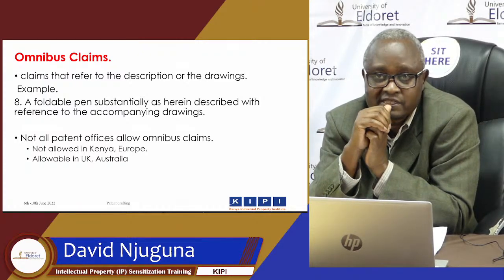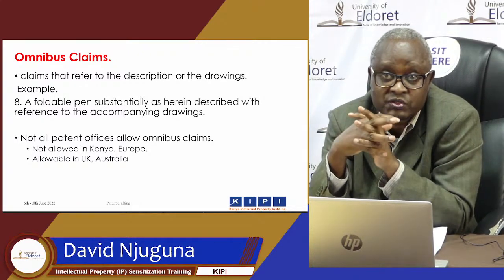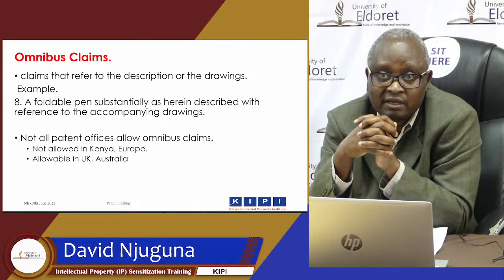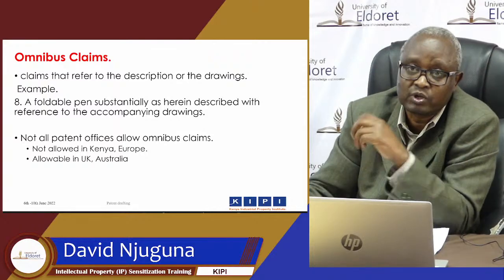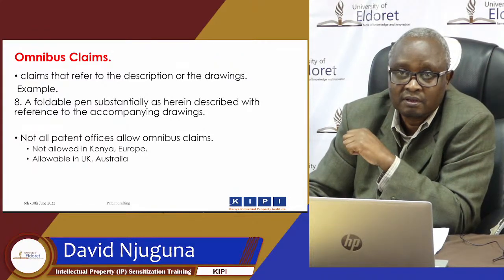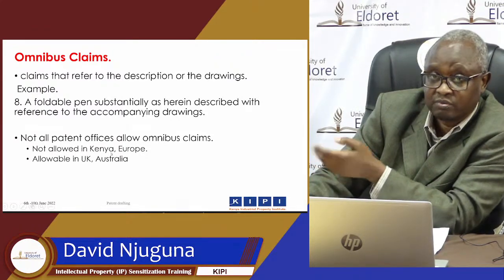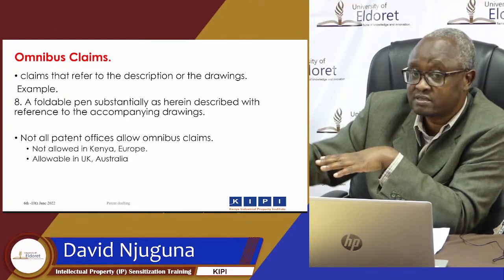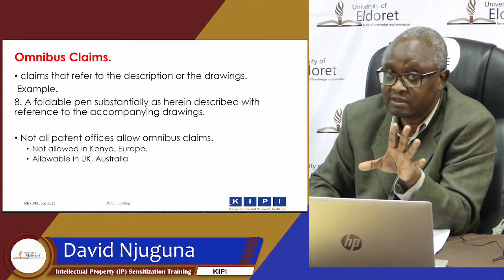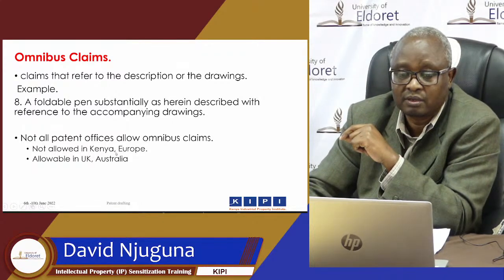Some countries do allow it. The UK and Australia allow those kinds of claims. Kenya and many other countries don't allow those sorts of claims, like the drawings that we're having of the container. Sometimes you find applicants having this kind of claim, but these are not allowed by the law in Kenya.